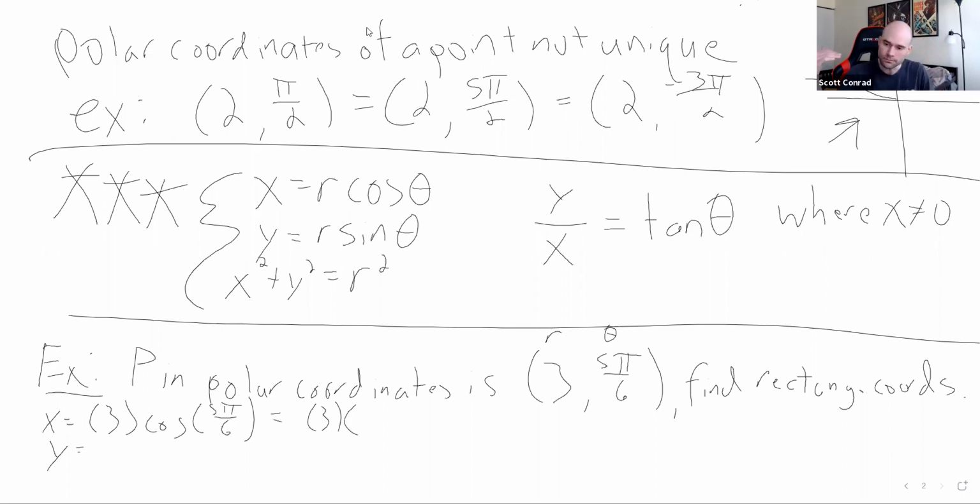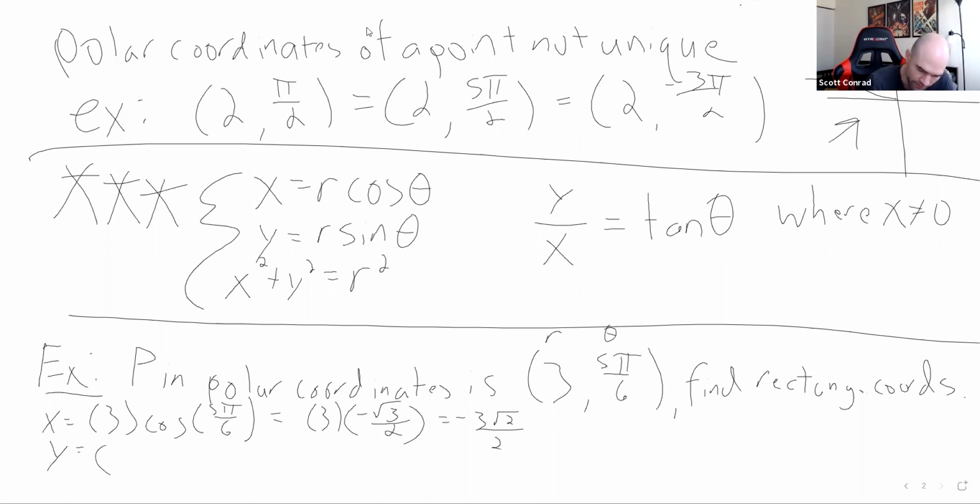And cos gives you the x coordinate. For the pi over 6 stuff, x is going to be bigger than y, so that's going to be the root 3 over 2 instead of the 1/2. And for the pi over 3 stuff, x is going to be smaller than y, so that would be the 1/2. So this is going to be negative root 3 over 2. So we get negative 3 root 3 over 2.